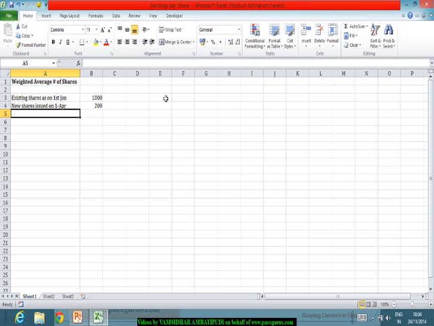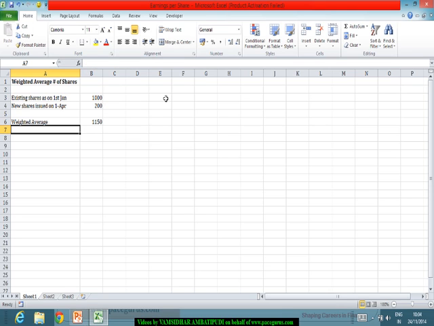Now, in this case, if I have to compute the weighted average number of shares, a straightforward case, all I will take is the 1000 shares. 1000 shares were there for 3 months, or 0.25 years, plus 1200 shares were there for the remaining 0.75 years.